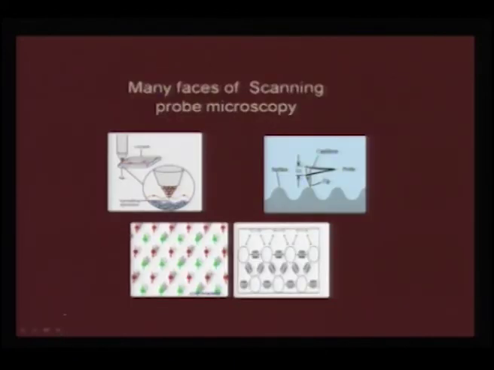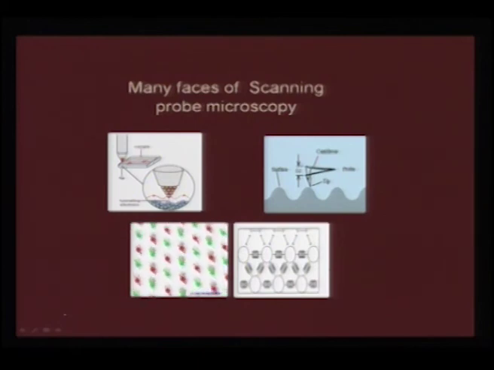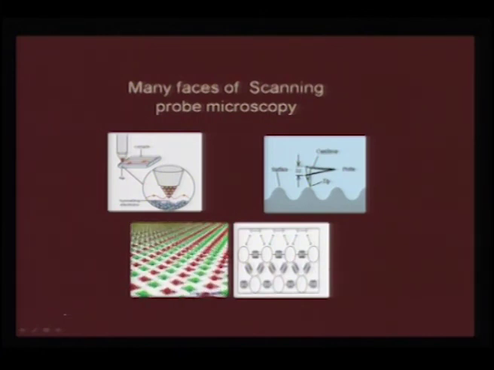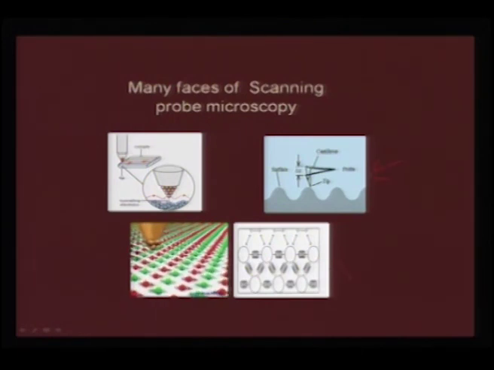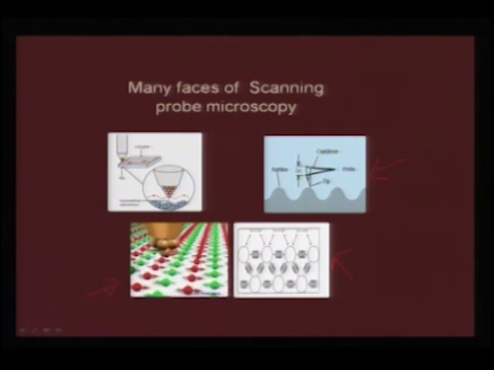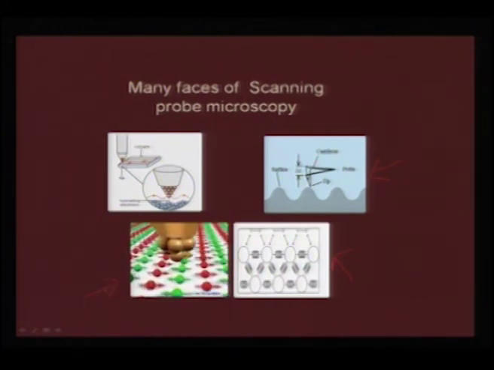So, this much information you can get, and just to sum up, there are different phases of scanning probe microscopy. One, we looked at the STM, another one we looked at the AFM, and then we looked at the frictional force microscopy, and there are a lot more coming in the form of magnetic force microscopy, popularly known as MFM.